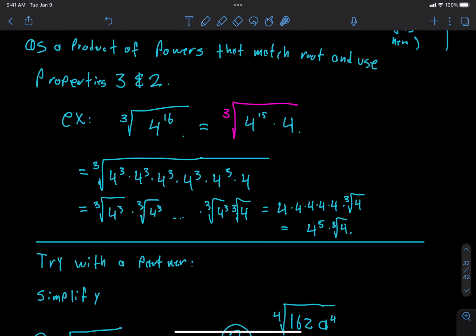So in this case, we rewrote 4 to the 16 as 4 to the 15 times 4. Since 15 is a multiple of 3, it can come out of the root as a 4 to the power 5. So when the 15th power comes out, what we do is we divide that power by the root. Okay, so that was what we did.